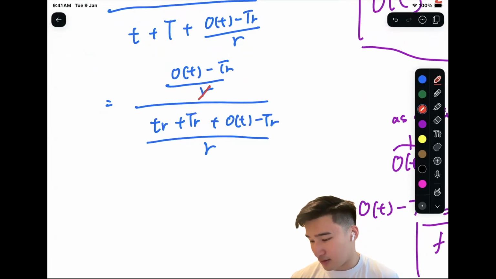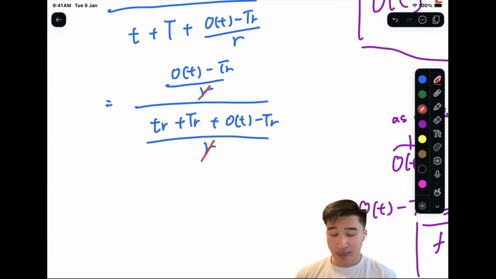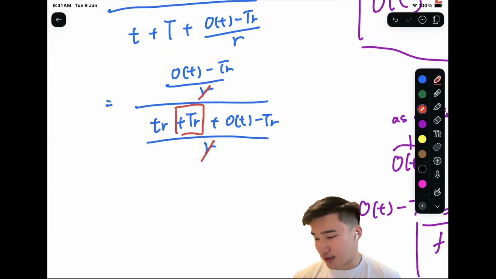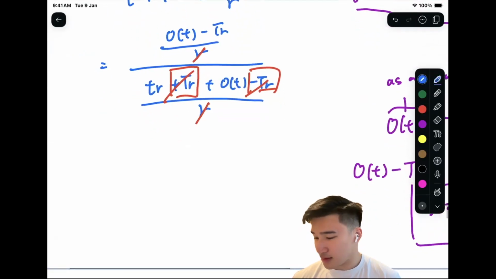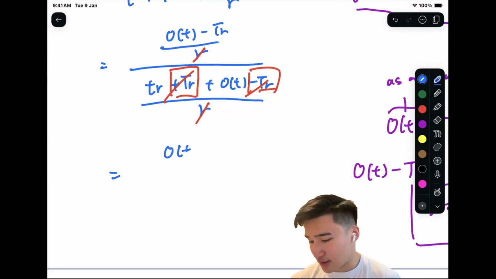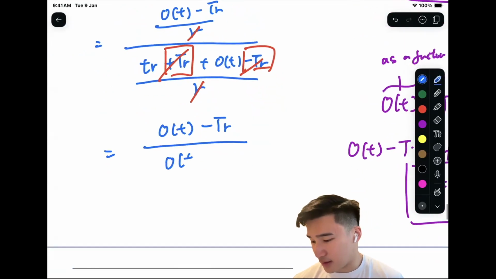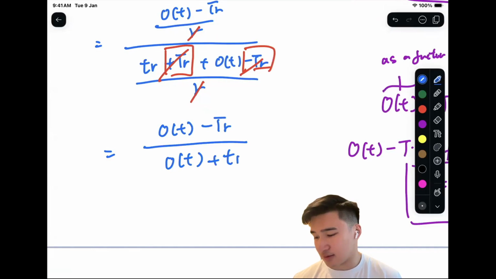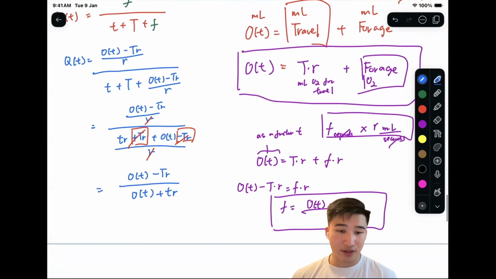We want to cancel R and R because we don't need it. And if you can see here, we have plus TR and minus TR. You cancel this one as well, okay? So we have something like this, OT minus TR over OT plus TR, okay? So we have this one.